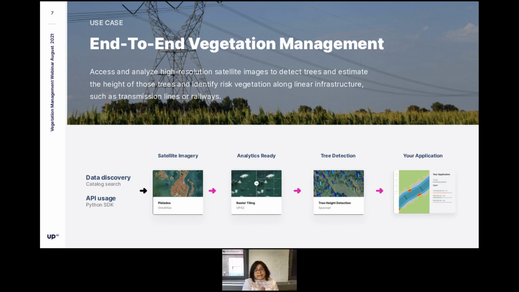In the third step, you process the data with reliable and powerful algorithms from Spacept that detect trees and analyze their height, allowing you to identify areas of risk where trees could fall on transmission lines or railway tracks. The insights generated can be easily integrated into your own applications via API or using the O42 Python SDK.